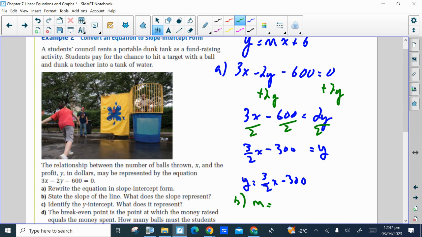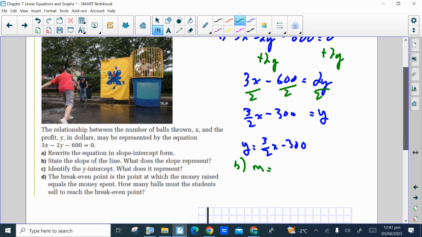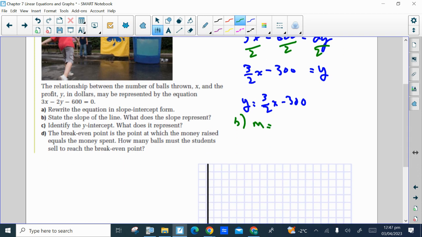That's right. The number in front of x tells you the slope. Whenever you get a line in the form y equals mx plus b, you get y by itself. The number in front of x, in this case 3 over 2, which is 1.5, is the slope. Now, what does it represent? Slope is the rate of change. Sal, what's changing here?